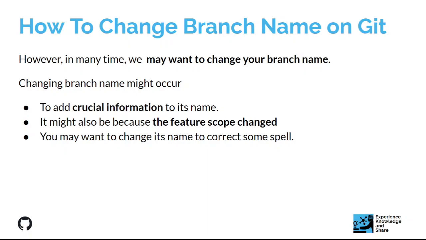Sometimes we get a requirement but at the beginning of the phase it changes, so instead of creating a new branch, we plan to rename that one. Or there might be spelling mistakes when creating the name. Instead of deleting, the best option is to rename it so it retains all data.